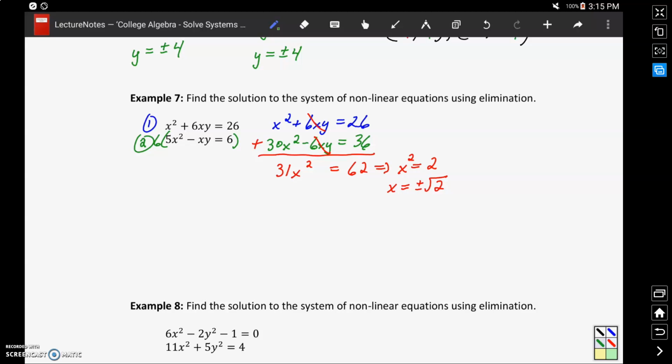Taking those two solutions, we'll go back to either equation 1 or 2. In this case, we'll use equation 1 and substitute in our result to get the square root of 2 squared plus 6 times the square root of 2 times y is equal to 26.